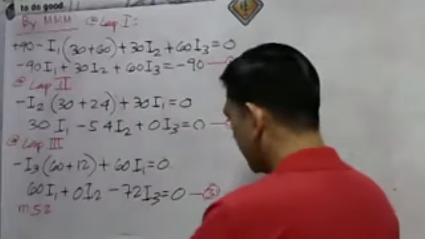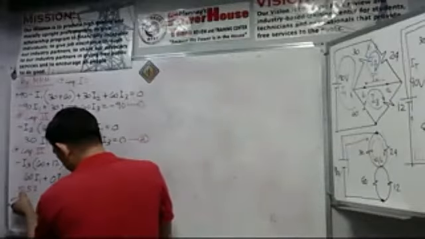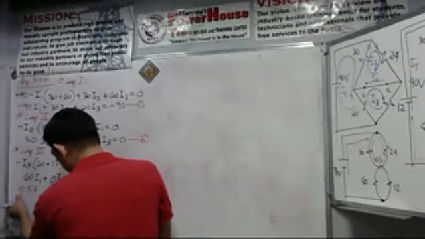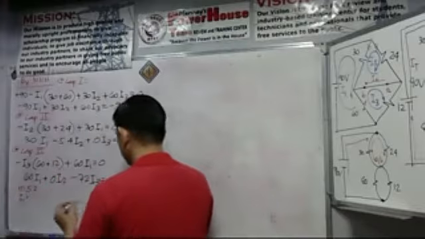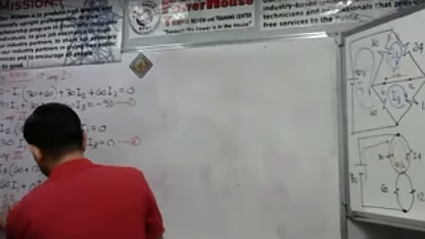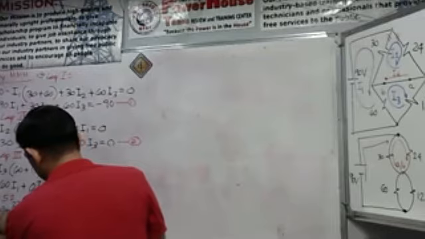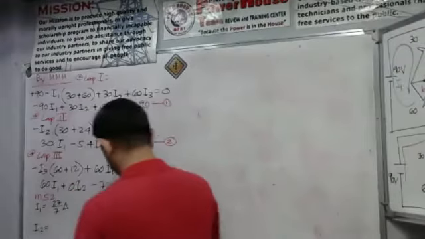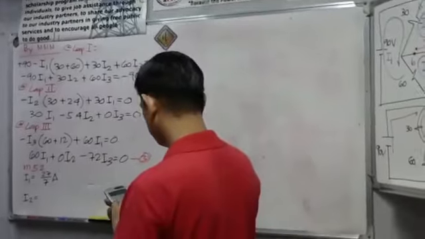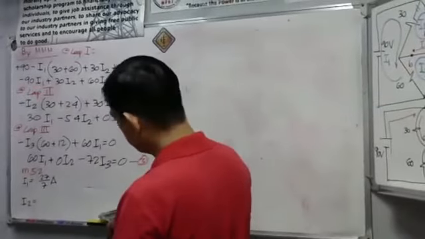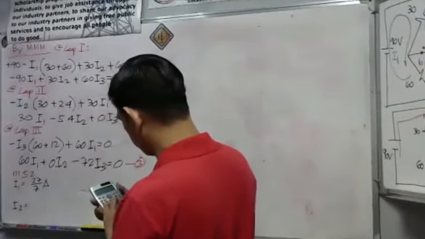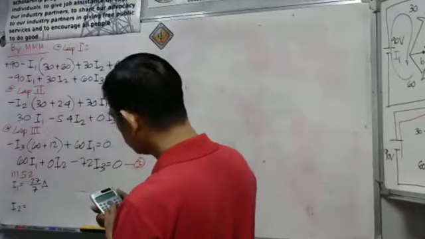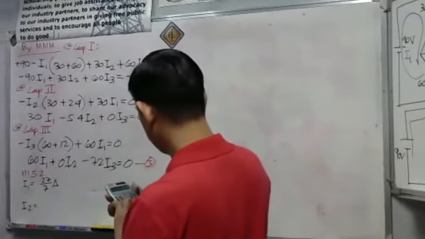We can have the value for our I1, which is our X. Our I1 is simply equal to 27 over 7 amperes. What about our I sub 2? Another equals.